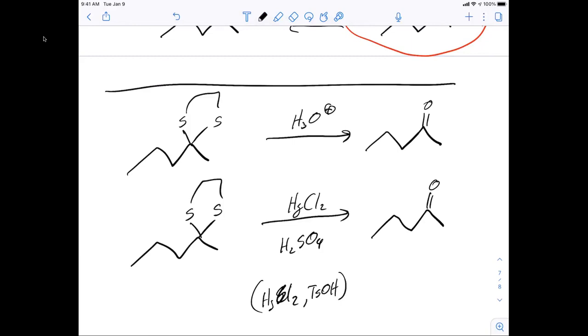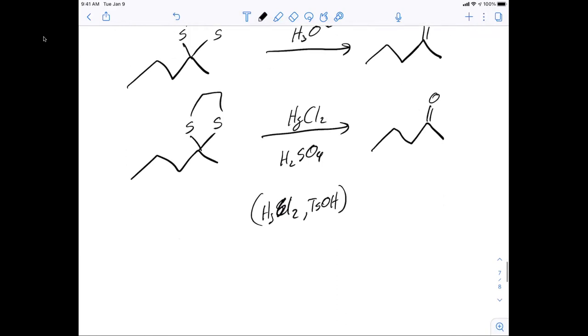So this dithioacetal, or the cyclic thioacetal, can behave as a protecting group, just like the cyclic acetal can act as a protecting group.